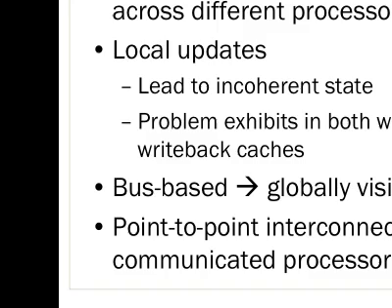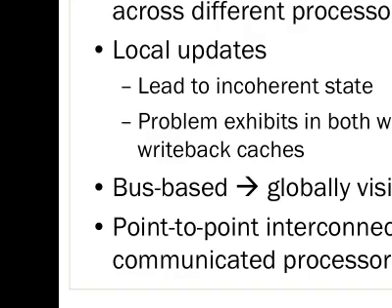Cache coherence. We assume that the closest cache level is private, so it's not going to be visible to other processor cores. Multiple cache lines can be present across different processor nodes. Each cache is going to be accessed and updated in units of cache lines.